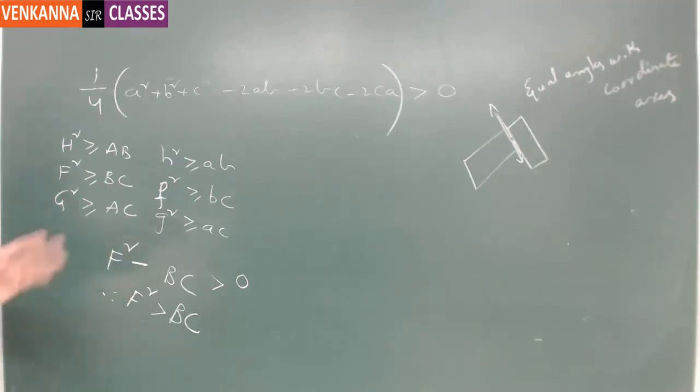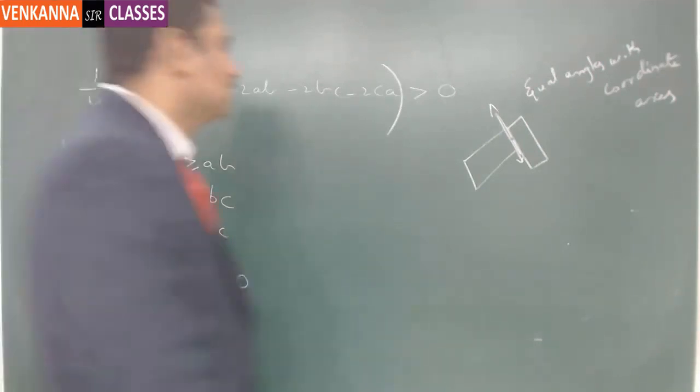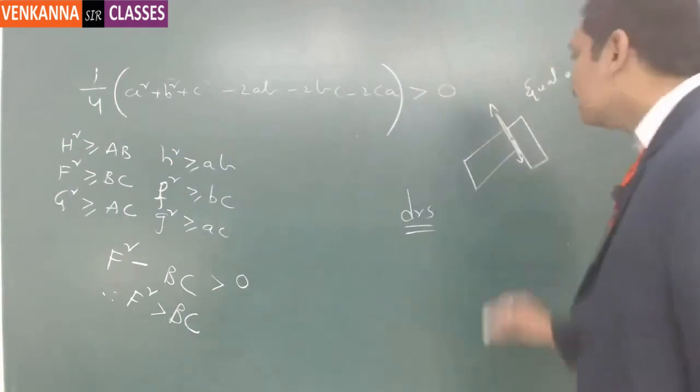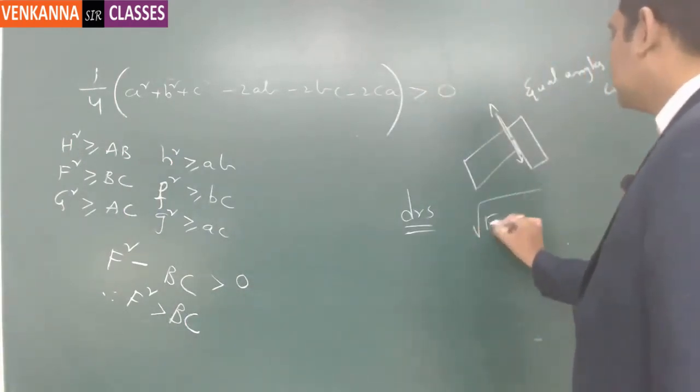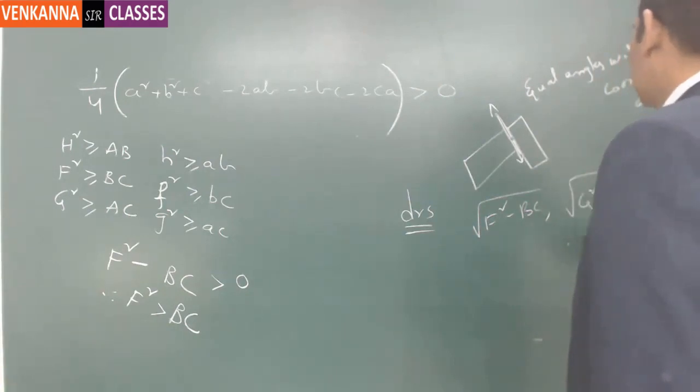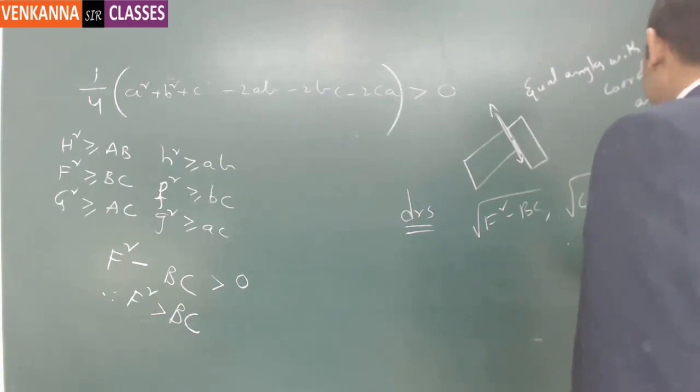Now, in the beginning of the session, I mentioned that for the line of intersection, you have the direction ratios, which are nothing but root of f square minus bc, root of g square minus ac, root of h square minus ab.